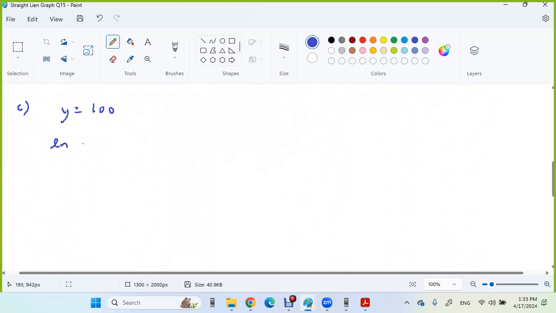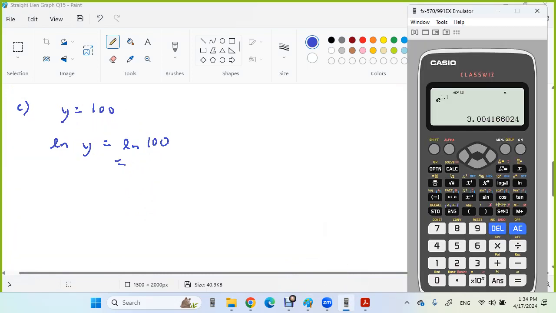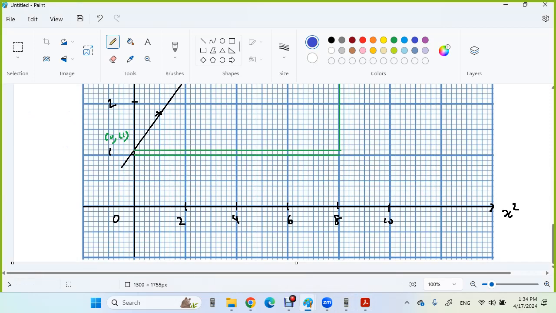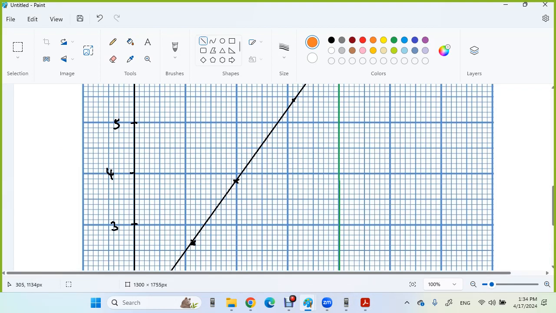So ln y will be ln 100, which is 4.6. So we go to the graph and find 4.6, y equal to 4.6, and then we find the value of x.